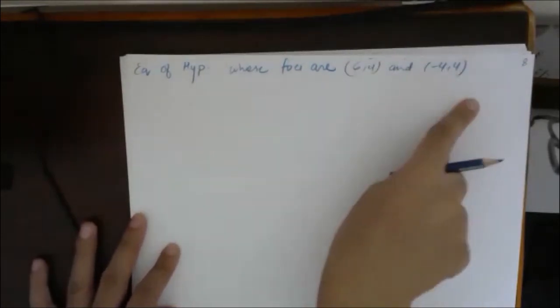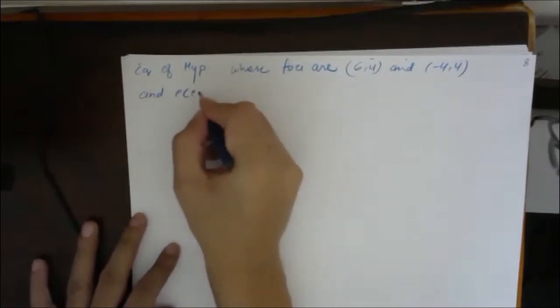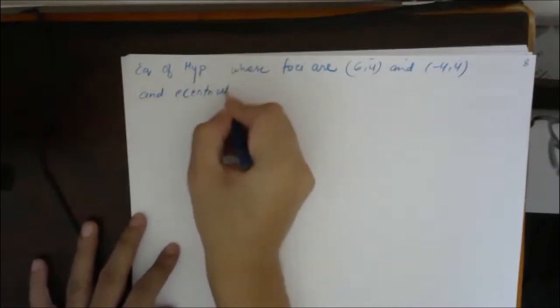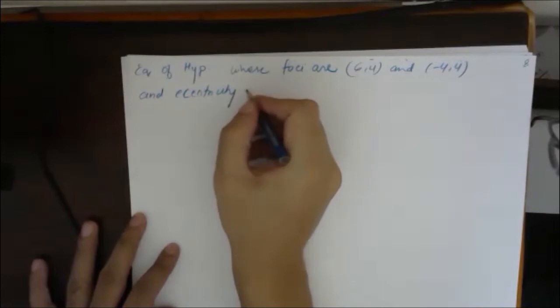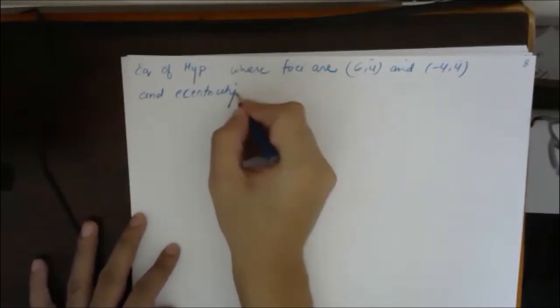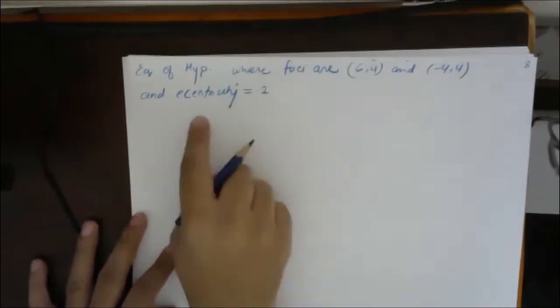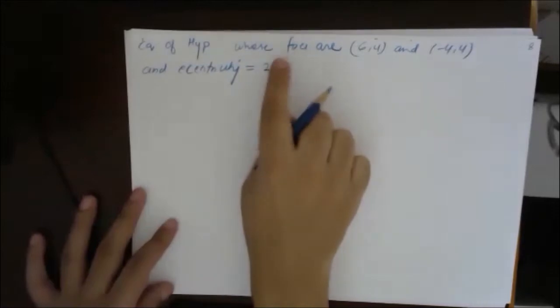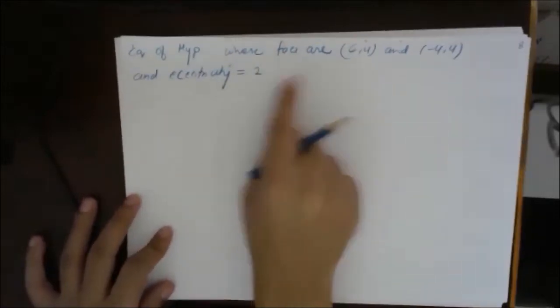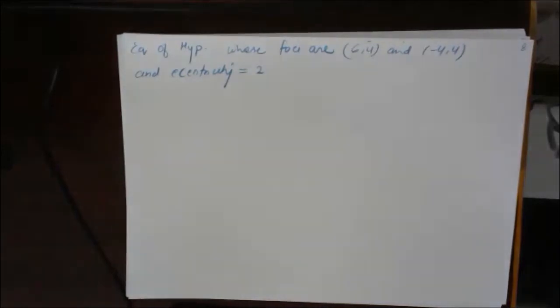So these are the two foci, and the eccentricity is 2. Okay, now remember, this hyperbola is not centered at origin, so just keep this in mind.